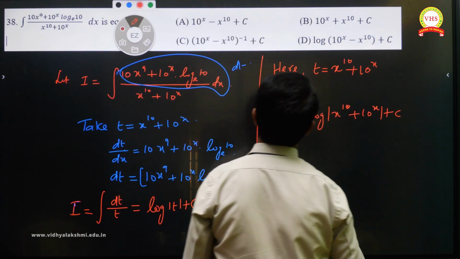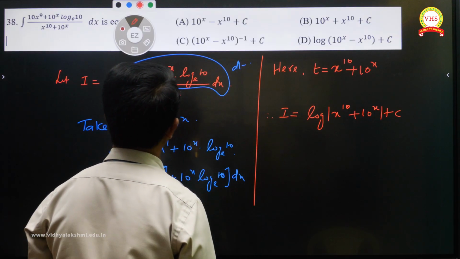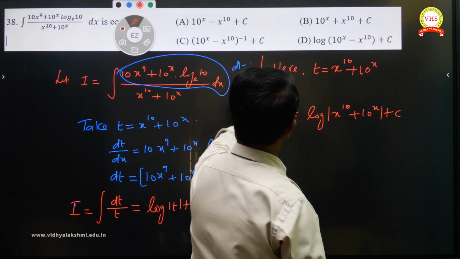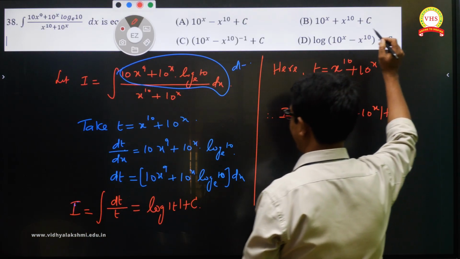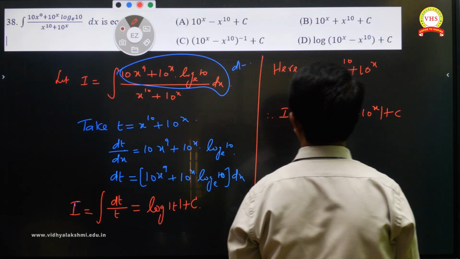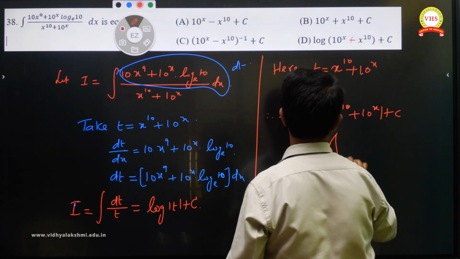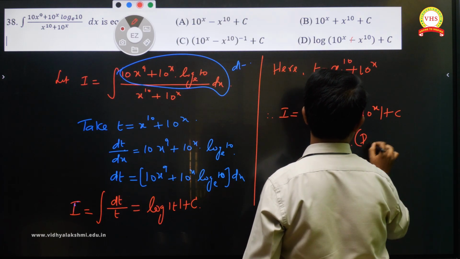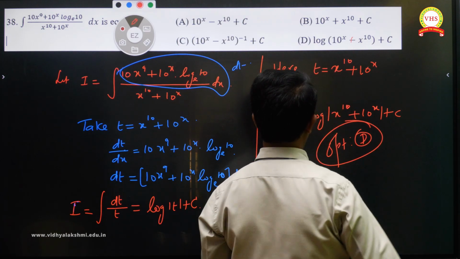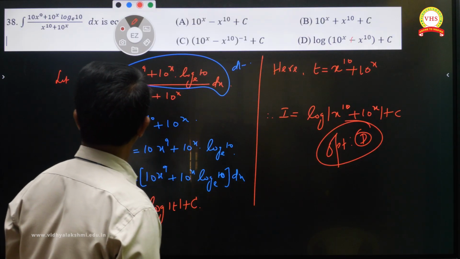What is the option here? Where is the minus? I think I wrote something here. It should be plus. The option is D. Any doubt? Shall we move on?